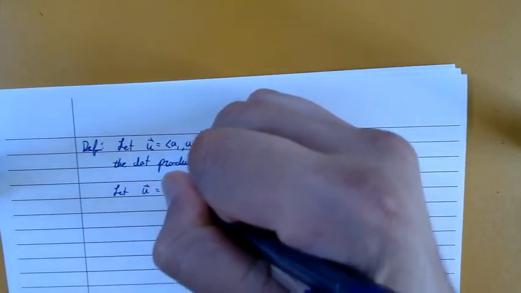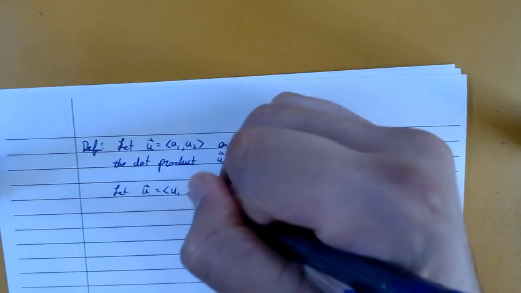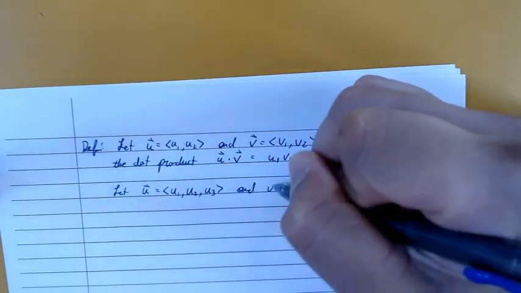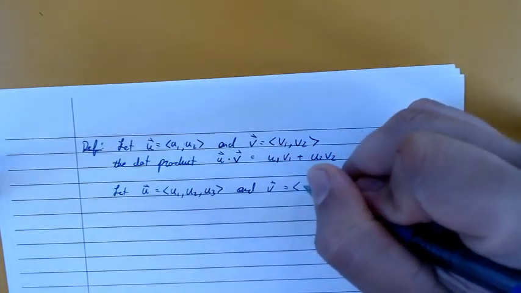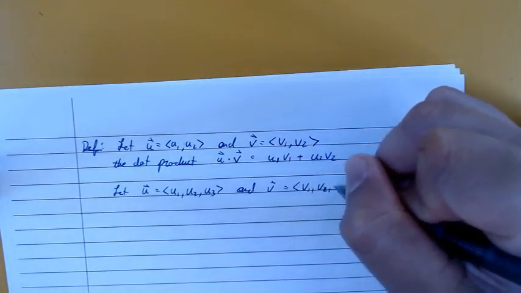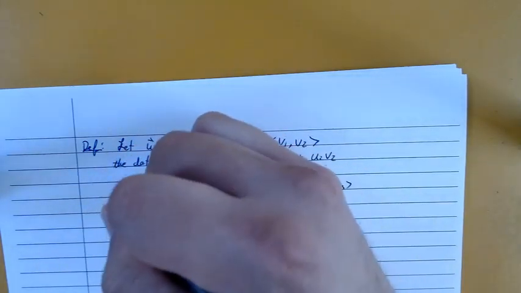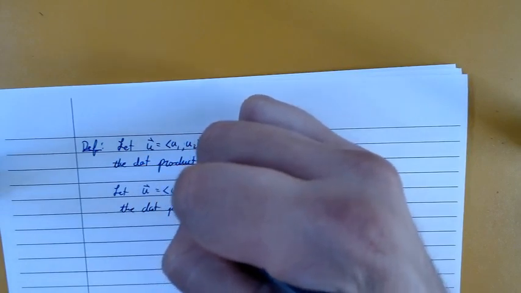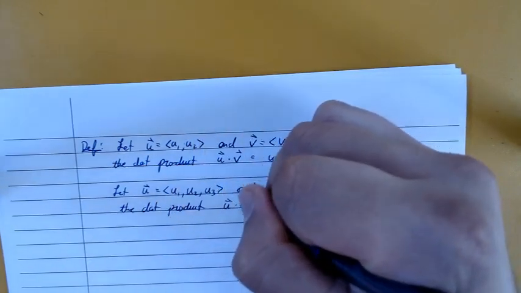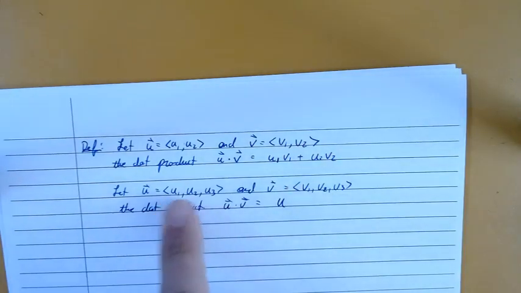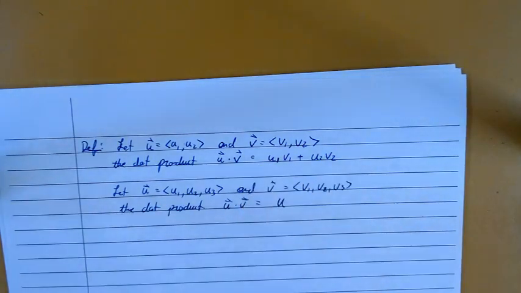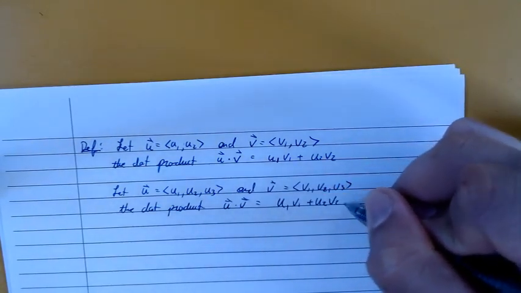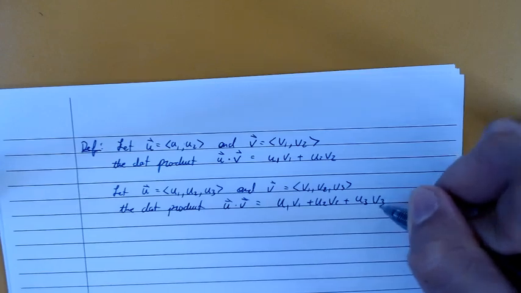If you have U is equal to a vector in three dimensions, U1, U2, U3, and V is a vector in three dimensions, V1, V2, and V3, then the dot product U dot V is given by, again, the component-wise multiplication all added together: U1 V1 plus U2 V2 plus U3 V3.